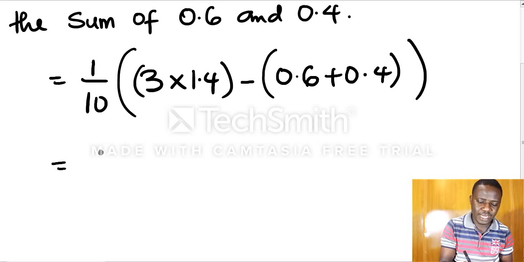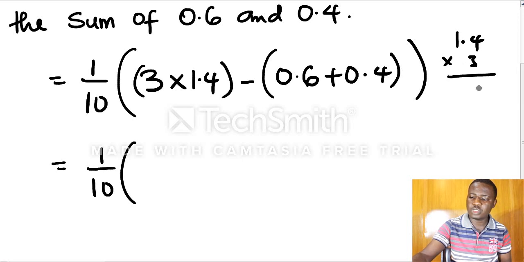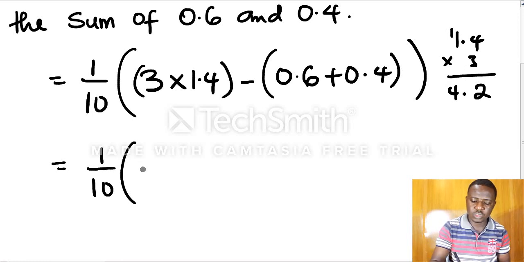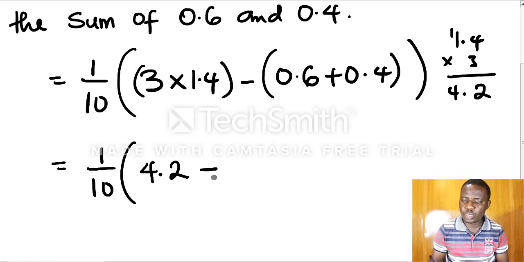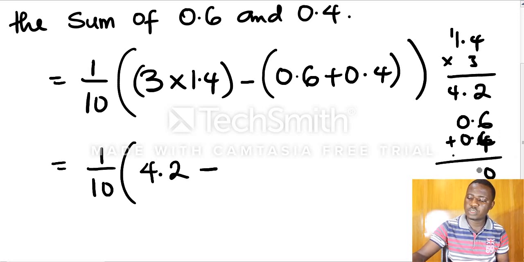I will now simplify the inner bracket. This becomes 1/10 into bracket 1.4 times 3. This is 12. You write down 2 and carry 1. 3 times 1 is 3 plus 1 is 4. So this becomes 4.2 minus 0.6 plus 0.4, that will give us 1.0.